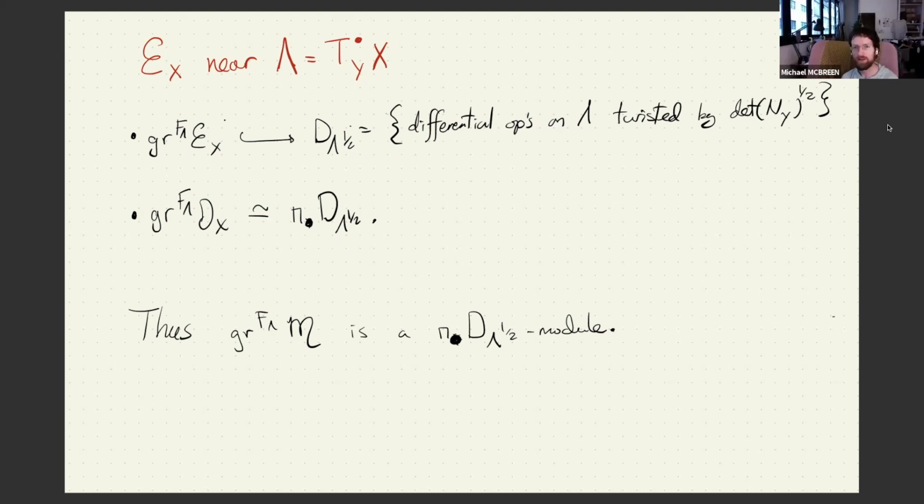And this shouldn't be too surprising in the sense that we're localizing. The filtration's job is to localize near lambda, near the conormal to Y, and we know in our local picture that we can take a Fourier transform to identify differential operators near lambda with differential operators along lambda.